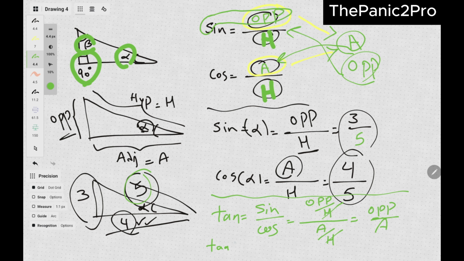And for alpha, tangent alpha is opposite, which is 3, over adjacent, which is 4. At least for me, it's easier to remember how we derive tangent as sine over cosine, and then we come down to opposite over adjacent. Okay.